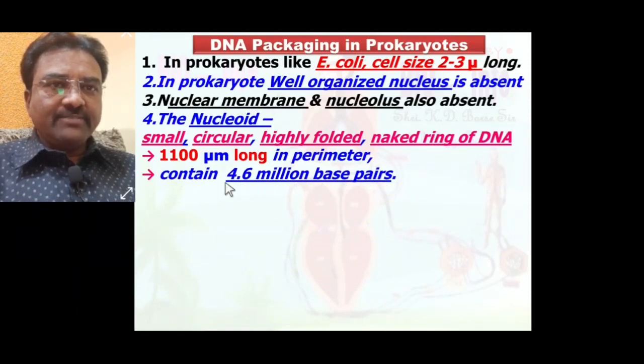How many base pairs are present in the nucleoid of a prokaryote? 4.6 million base pairs. How long is the perimeter of the nucleoid? 1100 micrometer.